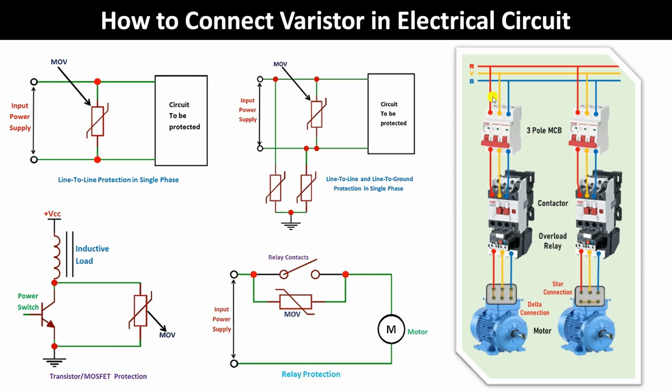If you connect the varistor at this other point and high current flows through it, and the power supply doesn't get cut in this circuit, then high current flows from here, and due to the high current, the entire wiring may get burned. If the over voltage becomes normal instantly, there won't be any problem, but if the over voltage is there for a longer time, then high current flows through the electrical circuit. So always prefer to connect the varistor at the output terminal of the protection device.